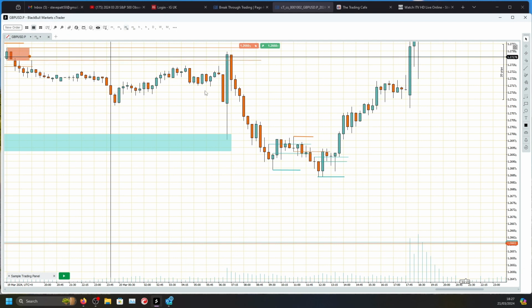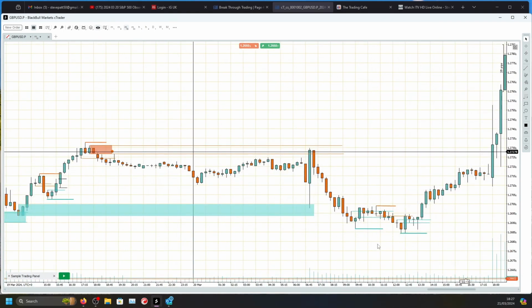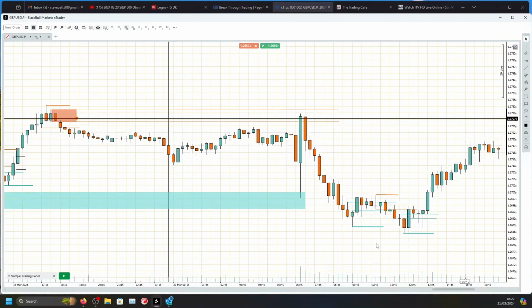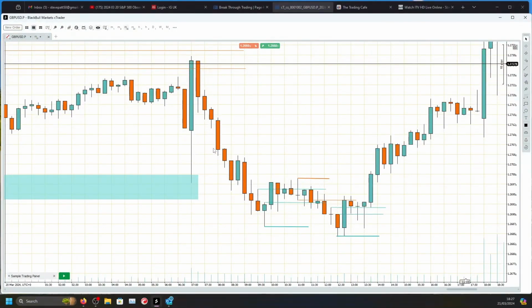Because here on Wednesday, this was a difficult area in here. Because we can see after the news, you see price came up into that level and then price dropped off. And then we see price stops making new lows.